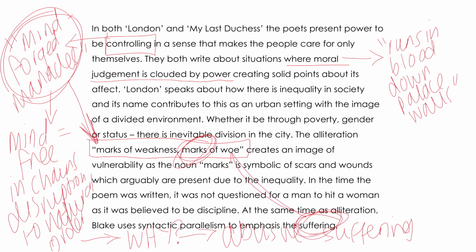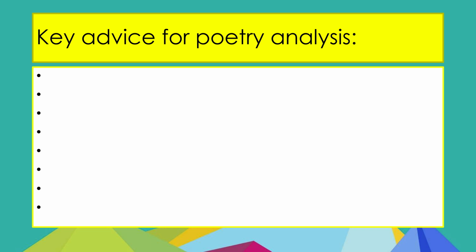So it does all link up. Just make sure you're linking it up really obviously. And I think that hopefully the state, prove, explain and critique method could really work for you.